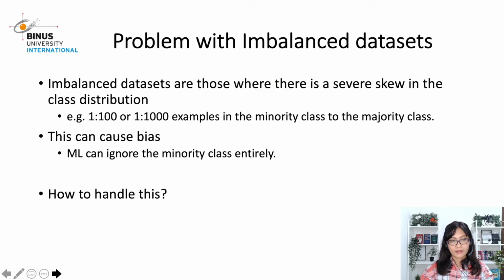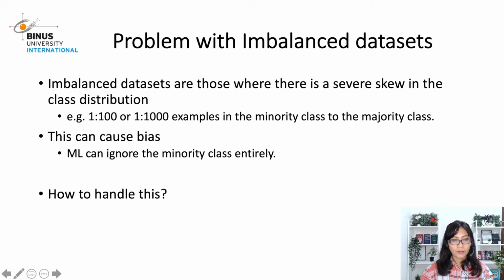Okay, last thing, the problem with imbalanced datasets. Sometimes in a classification problem, we have data with imbalanced classes. One class for animal and the rest probably for plant.